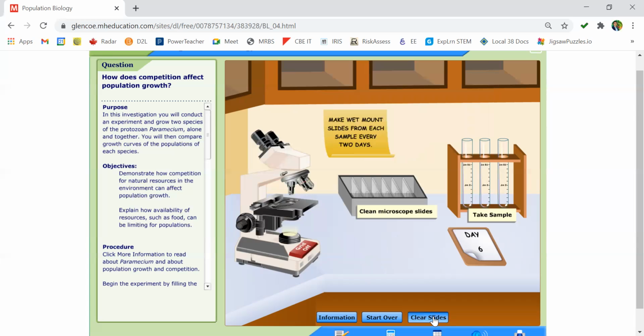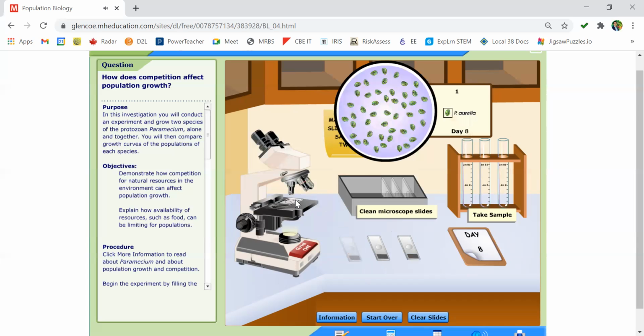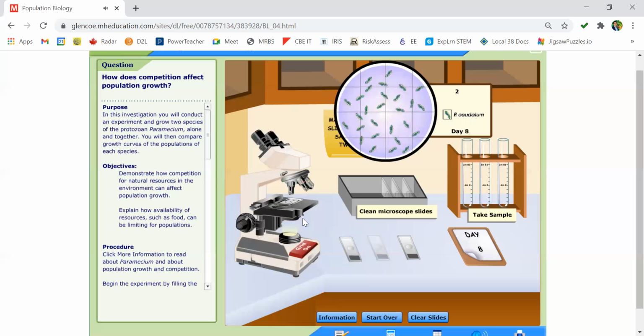Let's advance to day 8. Let's advance by 2 more days.